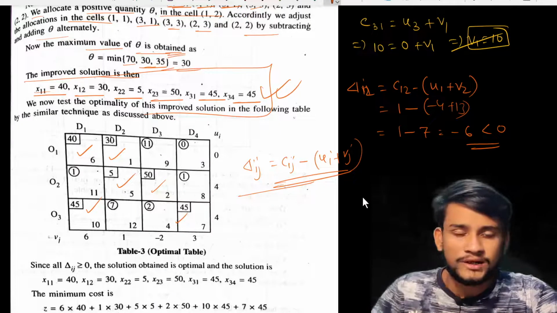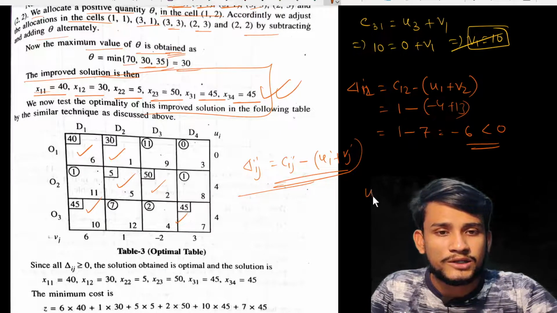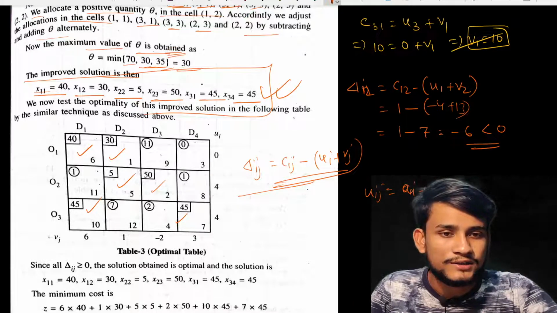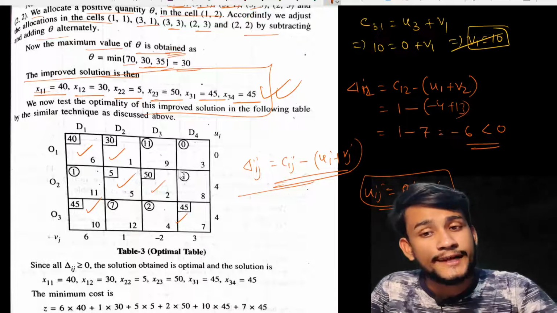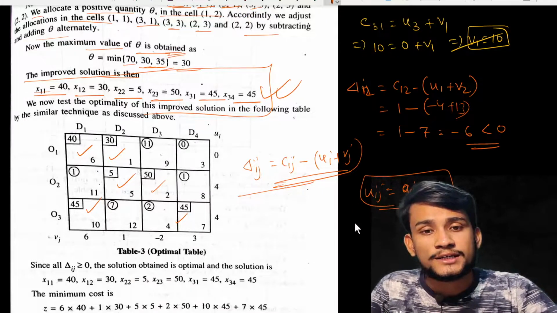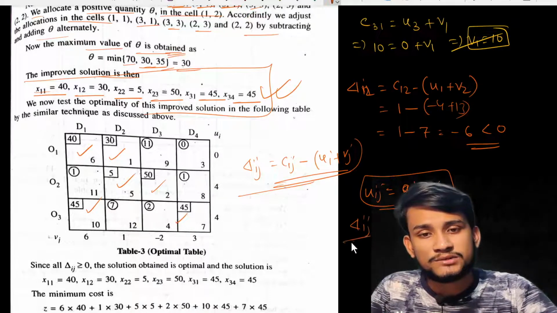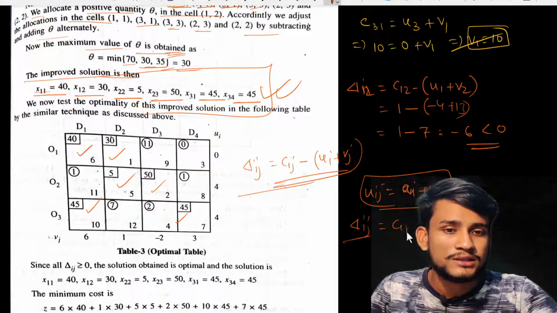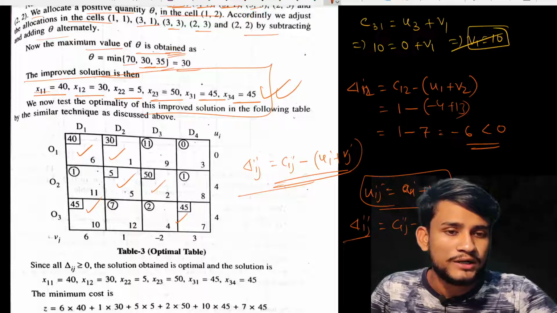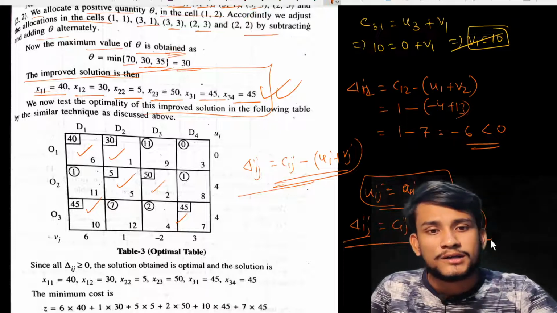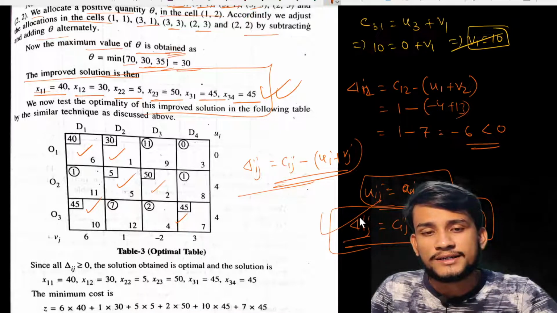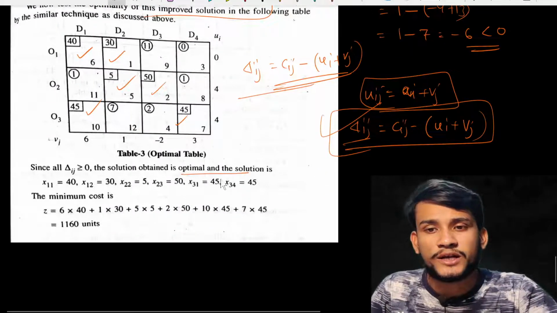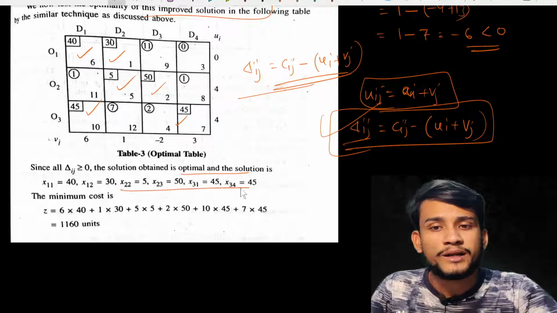That is, first we solve Cij equal to ui plus vj using the occupied cells, then find the delta ij's using delta ij equal to Cij minus (ui plus vj). Now we calculate all the delta ij's, and they are greater than or equal to 0, therefore the solution we already obtained is the optimal solution.